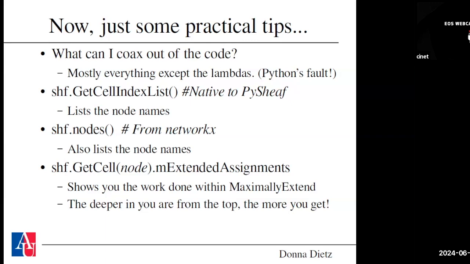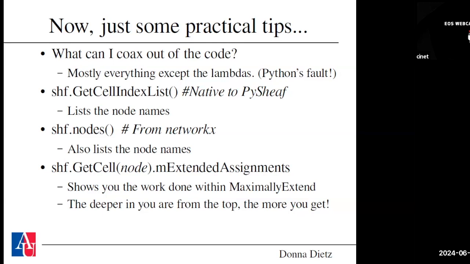And so here are some tricks. You can coax almost everything back out of your code except the functions. You can use the functions you created, but you can't see them. And that is Python's fault. It's not Michael's fault. But you can actually use your function to verify, just to reassure yourself that you put the right function in there.